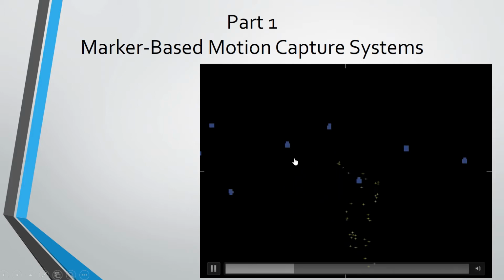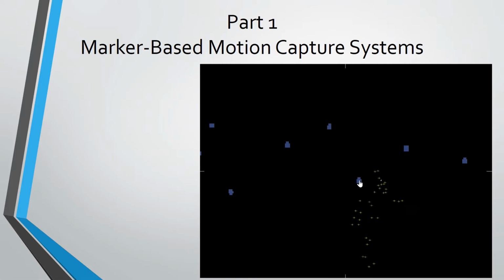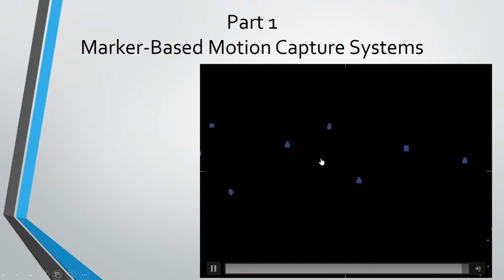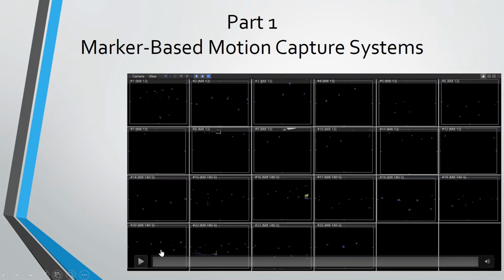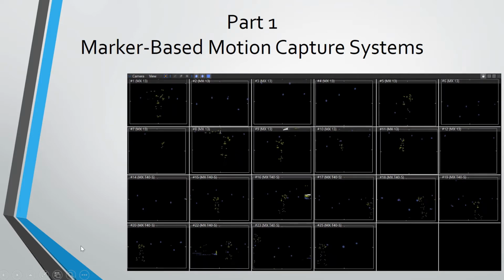And these blued out areas in the background are actually other cameras in the system, and we blank those out because they're emitting infrared from the strobe. We have to blank them out. And if you have multiple cameras, remember our camera array consisted of a lot of cameras, and we get camera angles from all around the person as they perform, and you get something that looks like this.